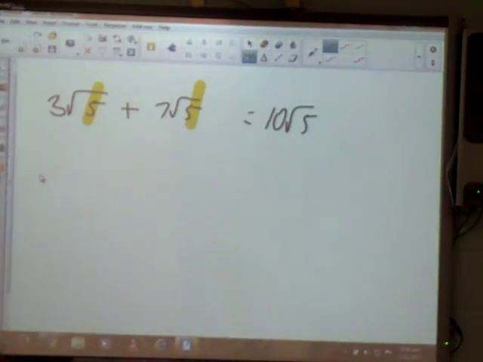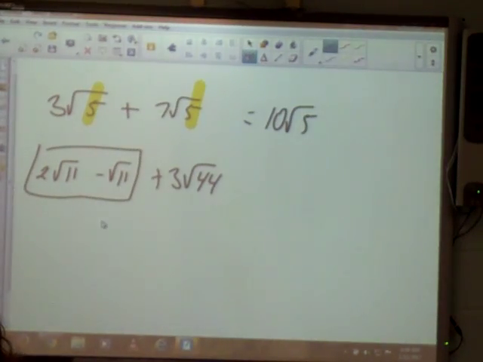Alright, so this one I've got 2 square roots of 11 minus the square root of 11 plus 3 square roots of 44. If we just go left to right, that gets us a pretty good start. The square root of 11 and square root of 11 are the same, so 2 of them minus 1 of them simplifies to 1 square root of 11.